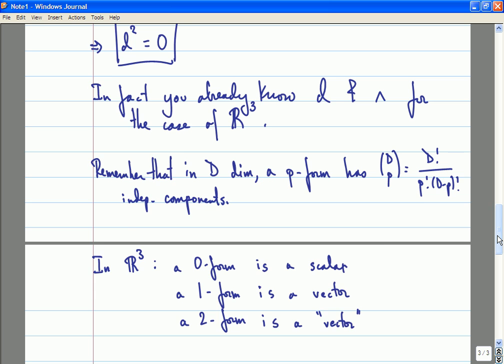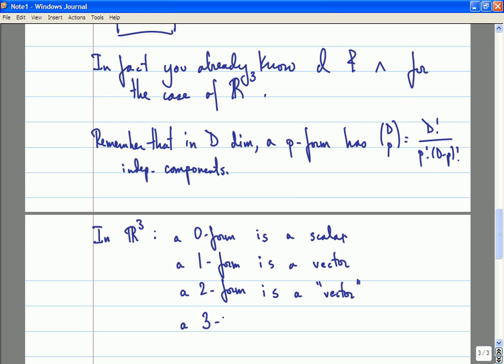And you also encountered three forms. Well, there's only one tensor which is antisymmetric in all three indices in 3 dimensions. It's the tensor with indices 1, 2, 3. So there's only one of those. And so that's also something that you encountered in your classes on multivariable calculus. You just called them scalars.